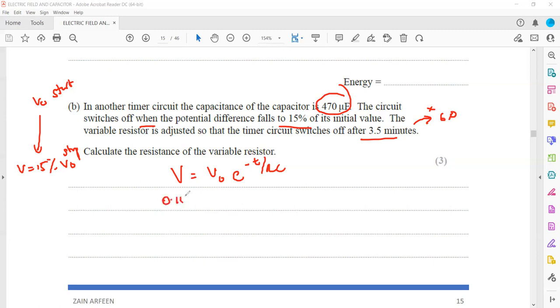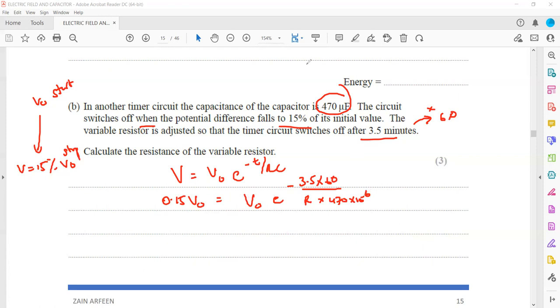So we can say 0.15 V naught is equal to V naught e raised to the power minus t, which is 3.5 into 60 because we have to convert into seconds, divided by R, the resistance, and C, the capacitance, which is 470 microfarad. Micro means 10 to the power minus 6.